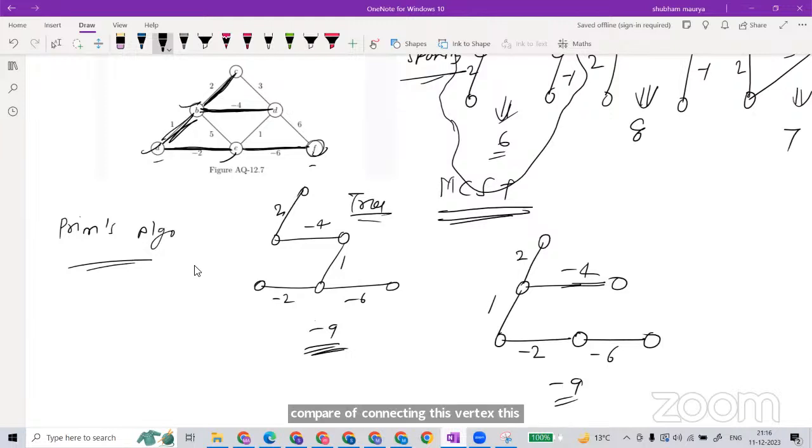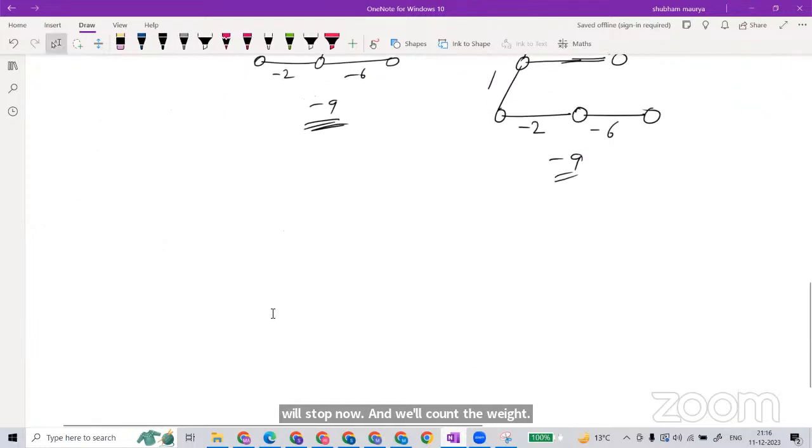This is the minimum one. Then again, connecting these 5 vertices, this one has the minimum weight. Now it also completes all the vertices, so we'll stop now and count the weight. Okay, this is Prim's algorithm.